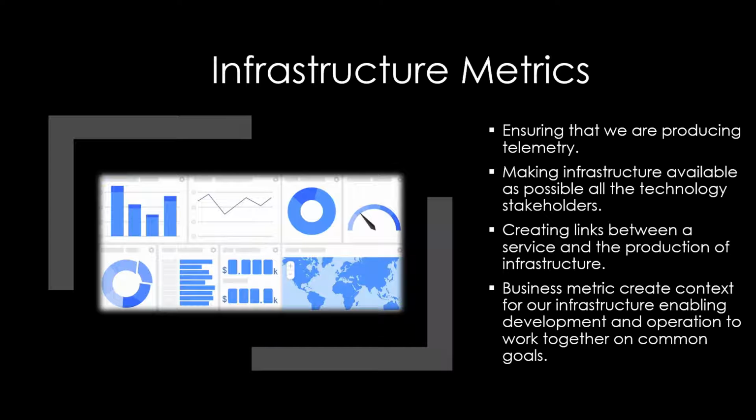We need to ensure that we are generating telemetry that allows us to determine if the infrastructure is the cause and source of any problems, if any were to occur. When we make the infrastructure visible, we can identify what systems and databases are being affected. In the past, manual efforts such as ITIL and CMDB were used to create links between a service and the production infrastructure.